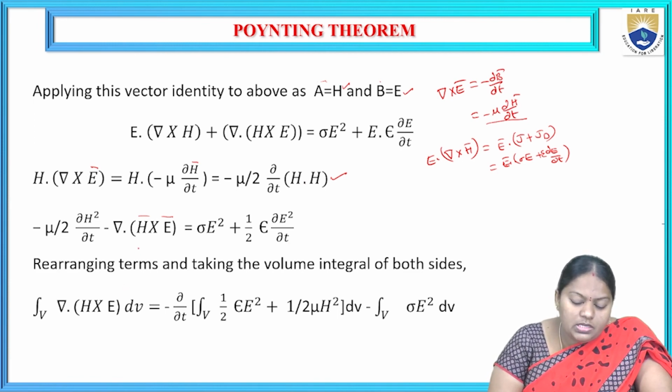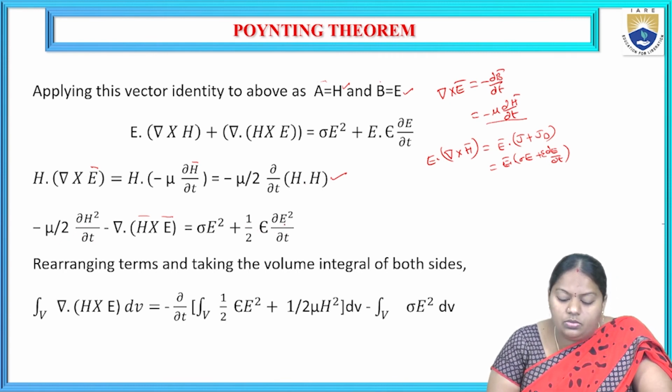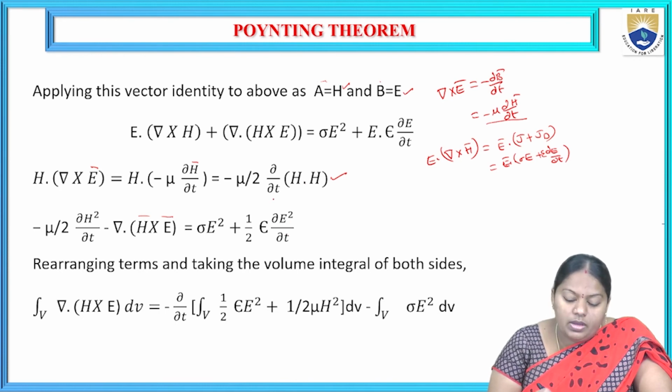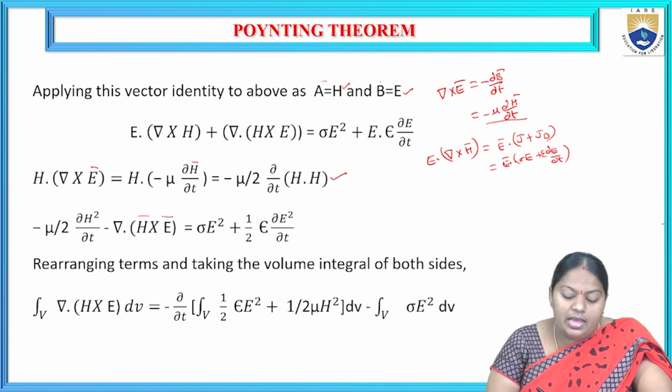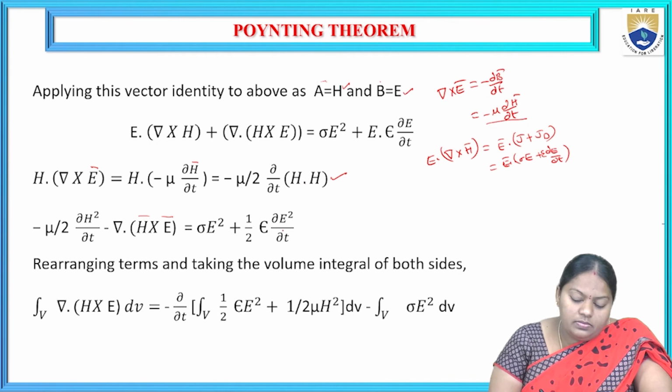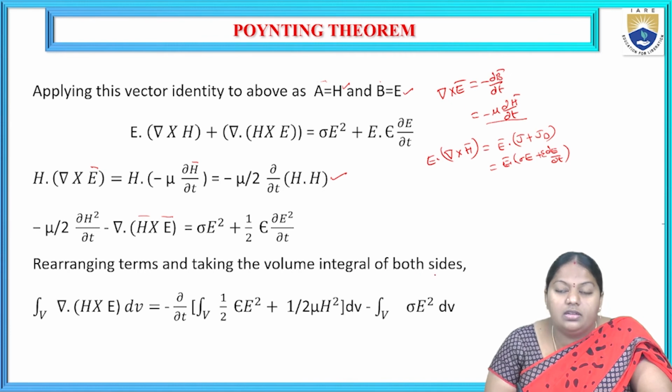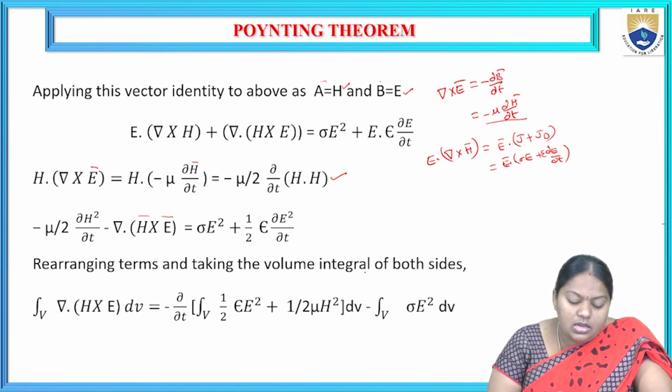Right? So upon simplification, we can separate here this mu by 2 dou h square by dou t and this 1 by 2 epsilon into dou E square by dou t as separate. Why? Because this half epsilon E square and half mu h square are to be considered the energy densities, or energy stored in the electric as well as magnetic fields. Right? So in order to separate those two, by rearranging the terms and taking the volume integral on both sides of that equation, we can separate here first this term.